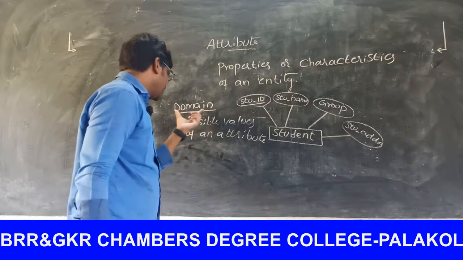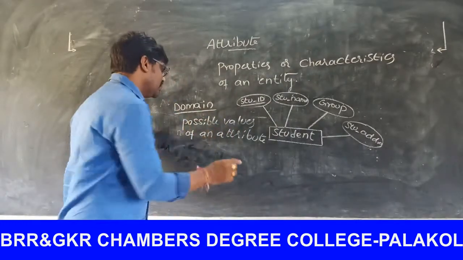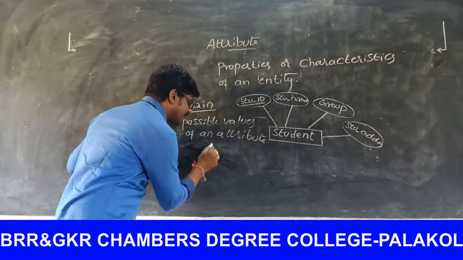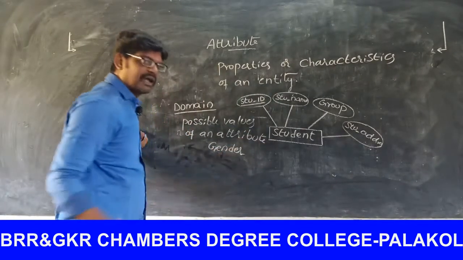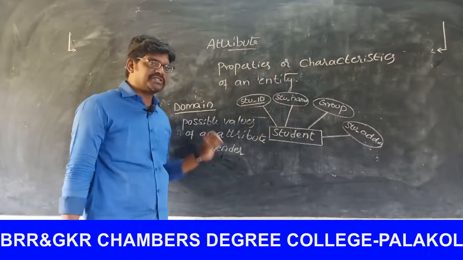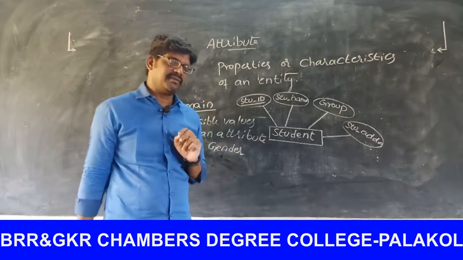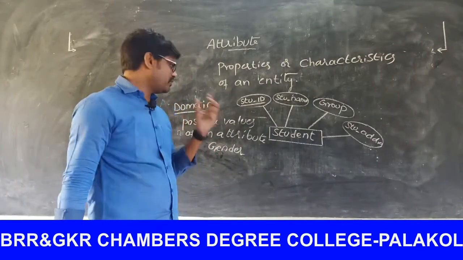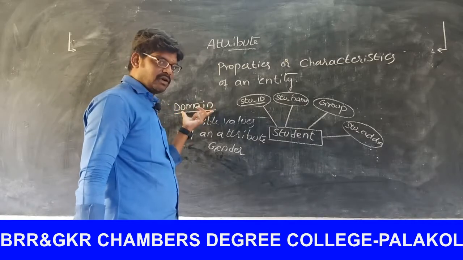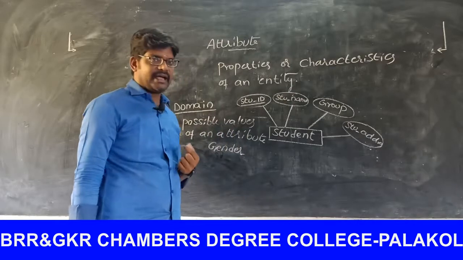For example, I am taking the attribute gender. Gender has two possible values: male, female. Two possible values, we call it a domain. So domain is nothing but the possible values of an attribute.